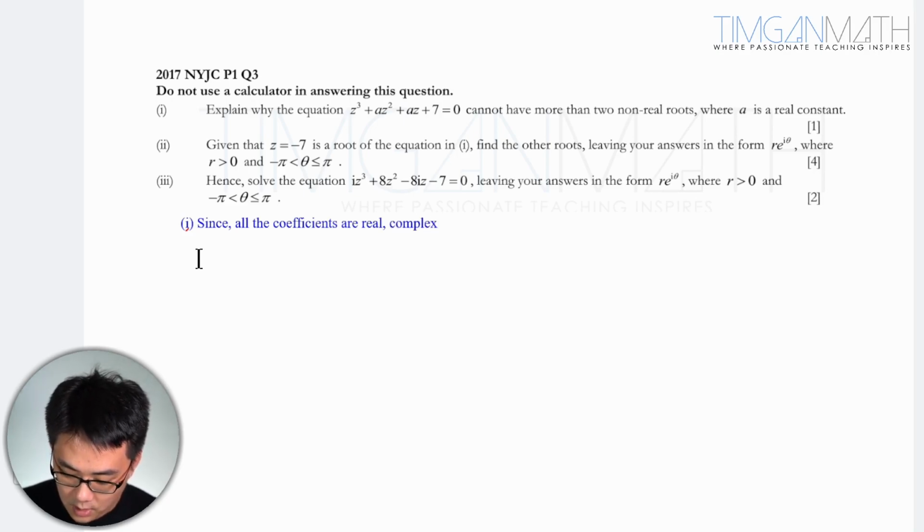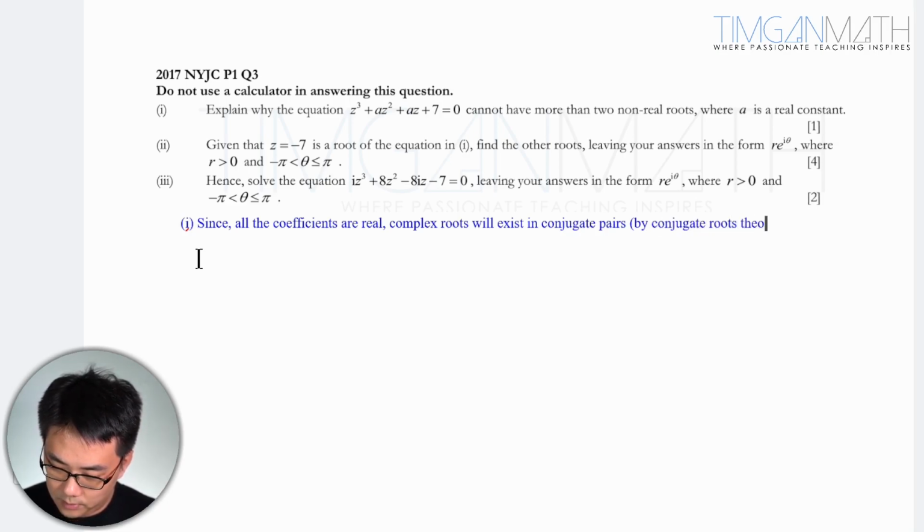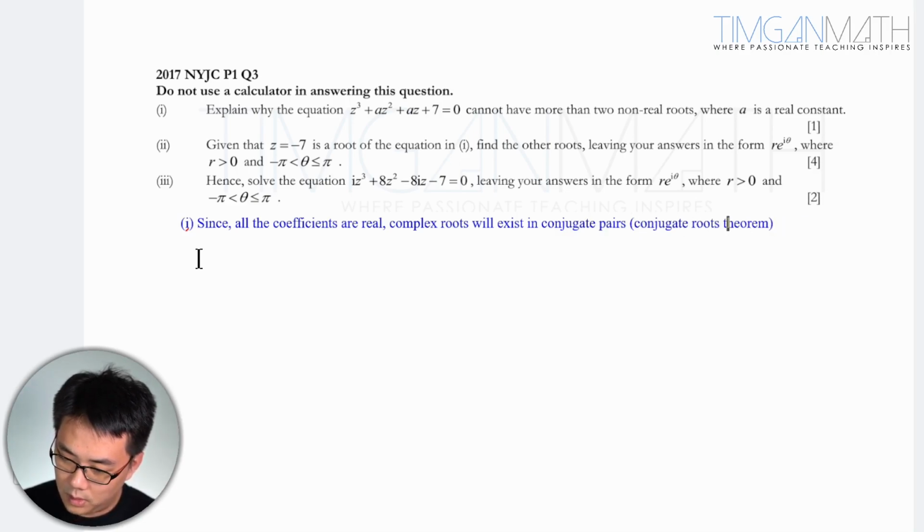Complex roots will exist in conjugate pairs by conjugate roots theorem. Equation has a degree of 3. Thus, it will have 3 roots.